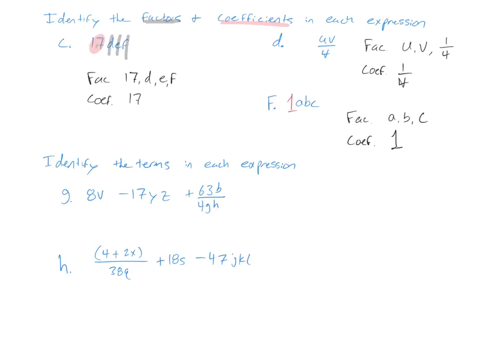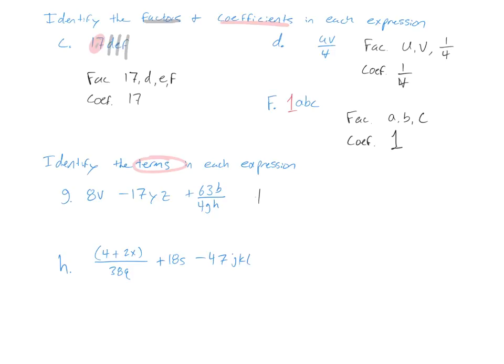Two more problems. It just says identify the terms of each expression. So we're looking for plus and minus signs. I see a plus or a minus sign here and here. So then it's going to be 1, 2, 3 terms.